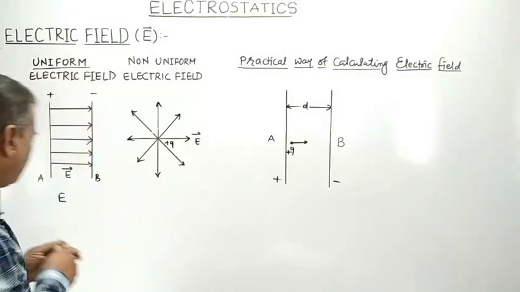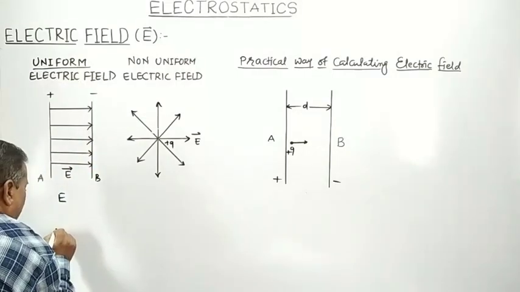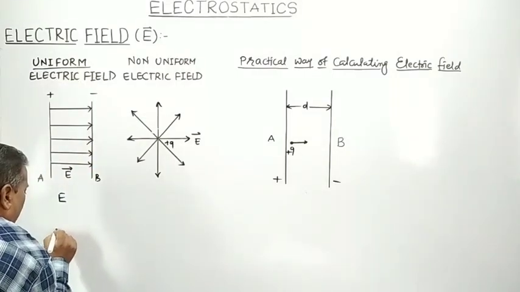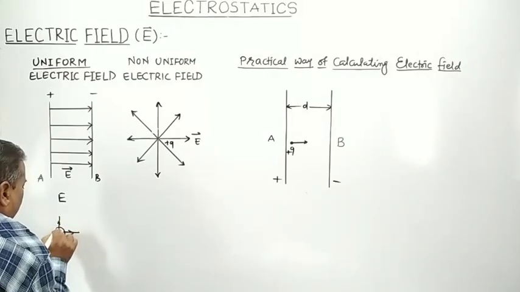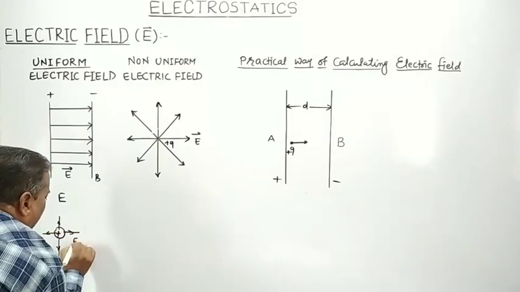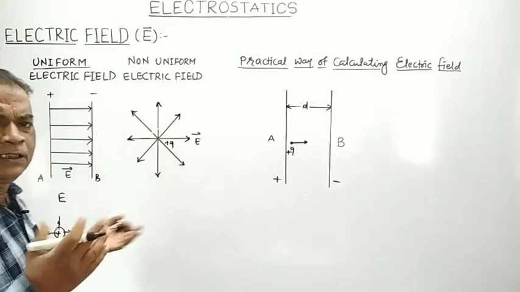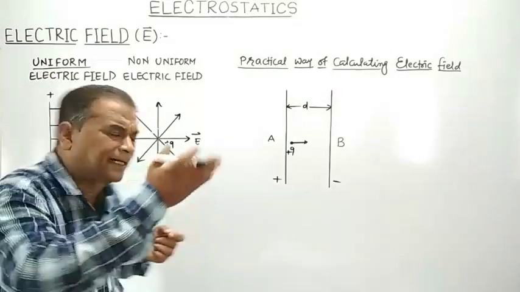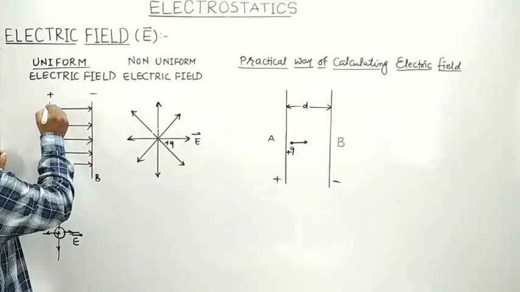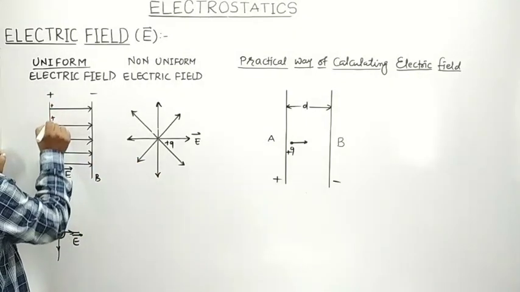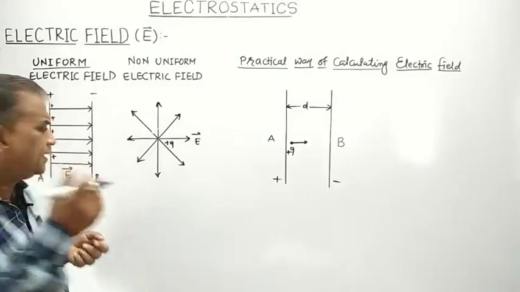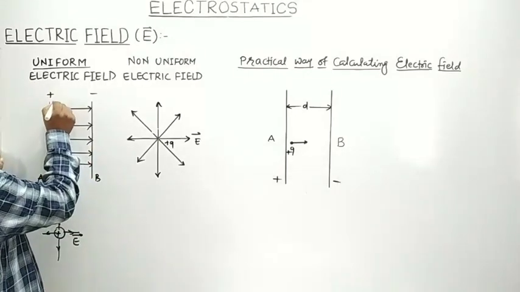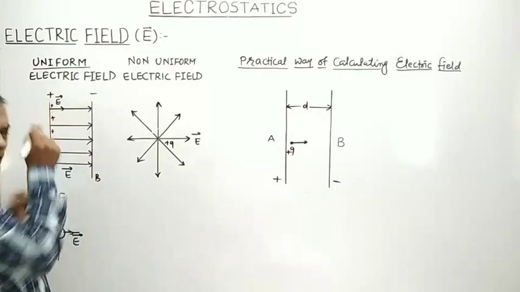We know that positive charge produces an electric field in its surroundings, and the direction of electric field due to positive charge is directed away. Means whatever positive charges are deposited on plate A, they produce an electric field pointing away from it.